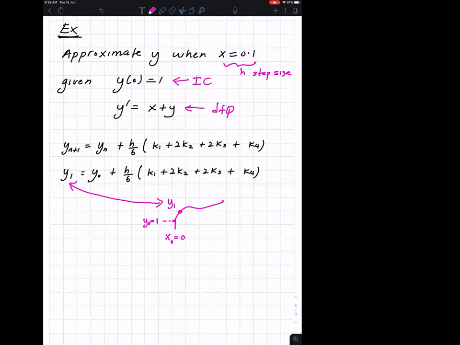So this formula is going to use the initial conditions given to find the next value.